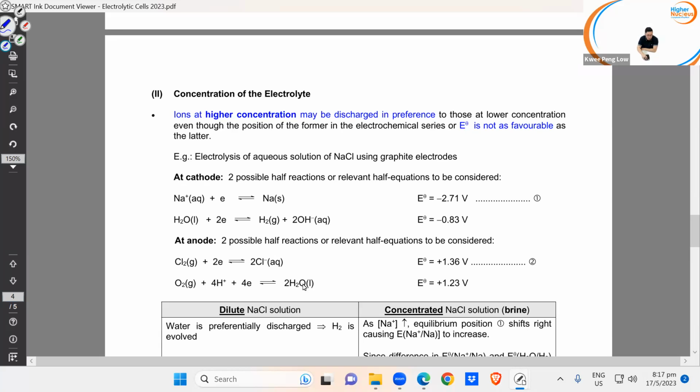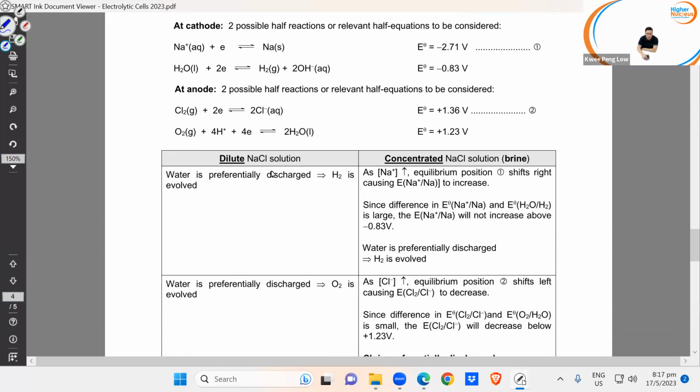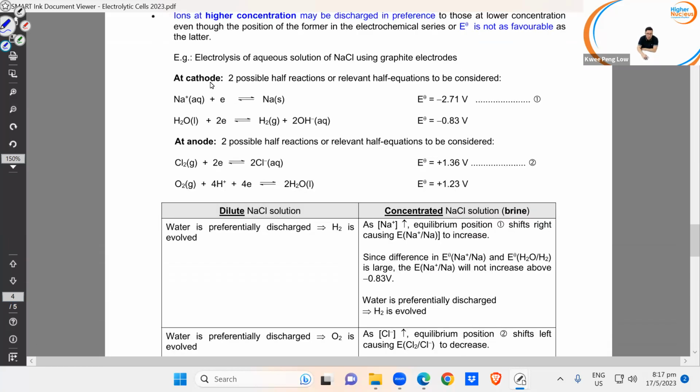Okay? Now let's talk about dilute sodium chloride first. At the cathode, we choose the more positive one to get reduced. So at the cathode, your water is reduced preferentially over your sodium plus because minus 0.83 is more positive than minus 2.71. So for a dilute sodium chloride at the cathode, you form H2 gas.